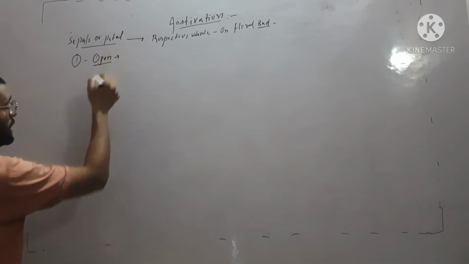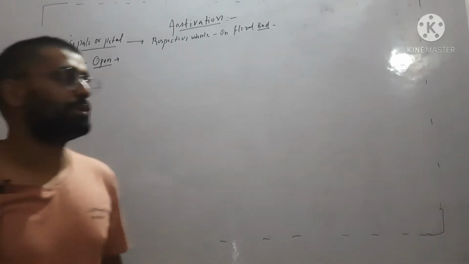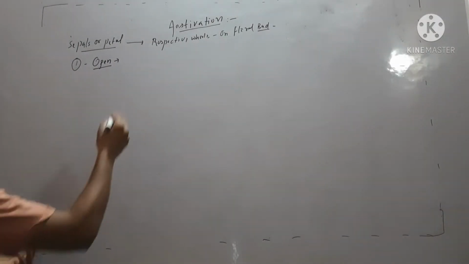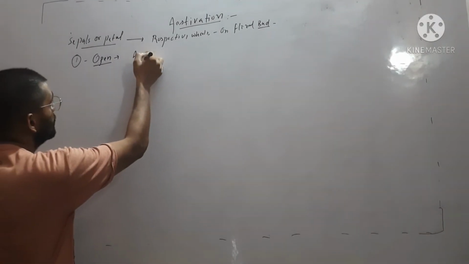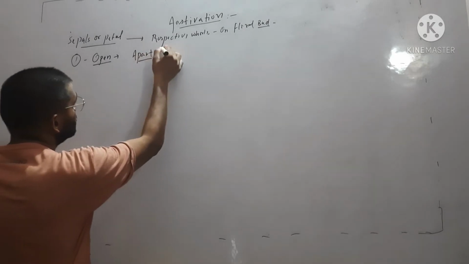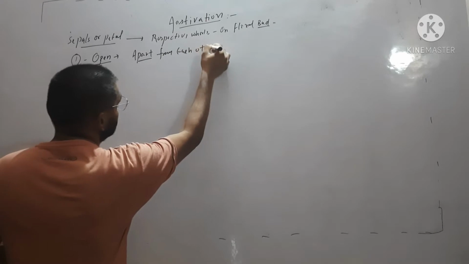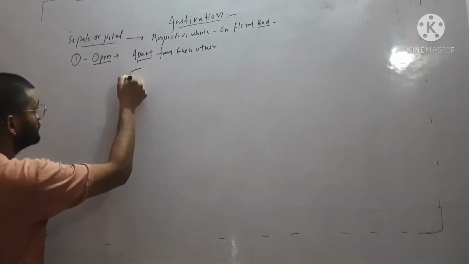open estivation. In open estivation, sepals or petals are present apart from each other, like this.